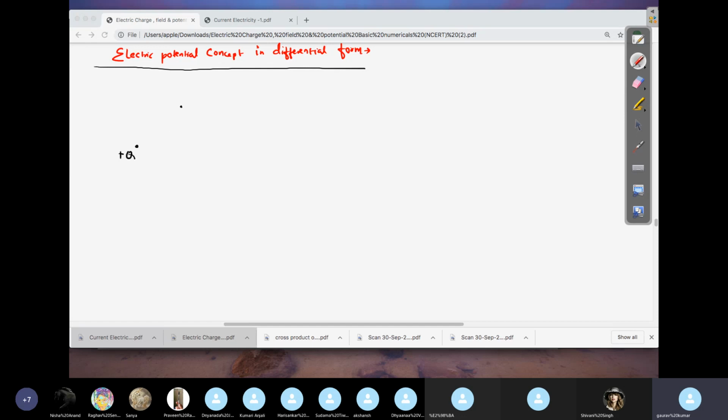Now I'll move a charge q from a position to the next position, which is very, very near. Let's say dr. It is moved from here to here. Let's say the potential here was V, and the potential there is V plus dV.